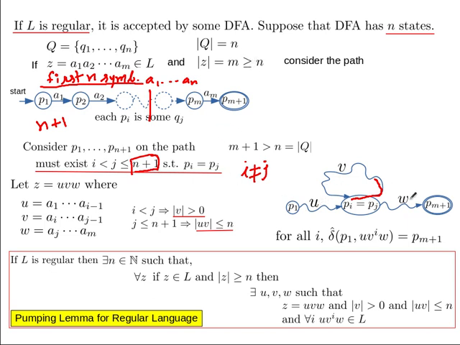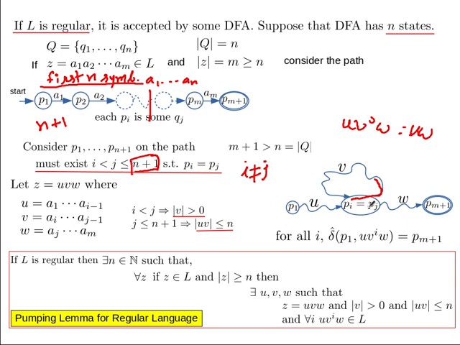Now if we have this, you can easily see that if you take any UV^iW, that will also correspond to an accepting path. If you take just UV^0W, which is just UW, what will be that path?